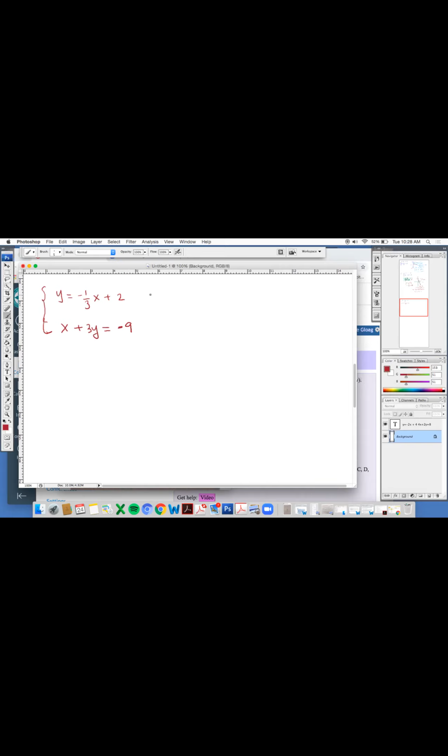Okay, I think this is good. So again, let me give you 2-3 minutes for you to attempt to graph them and see what they look like and see what kind of solution this one has.